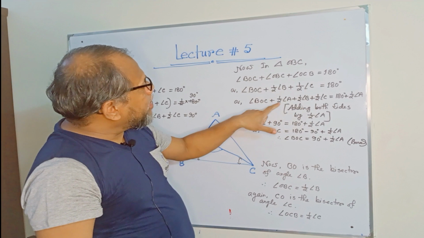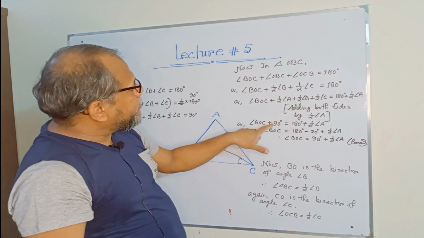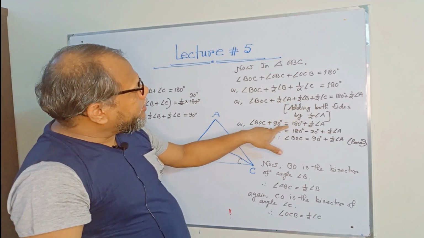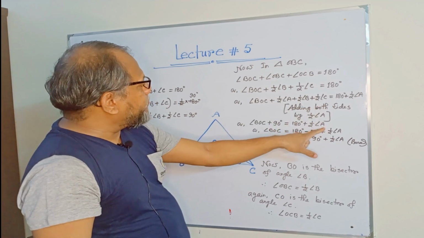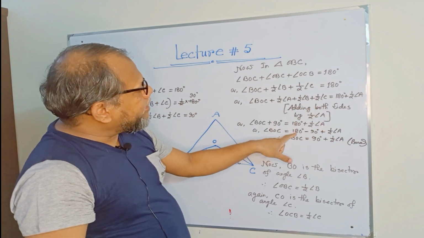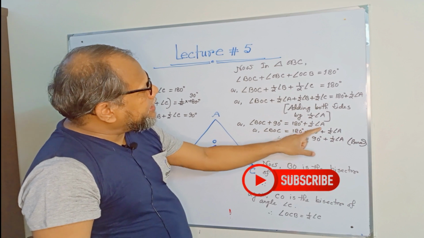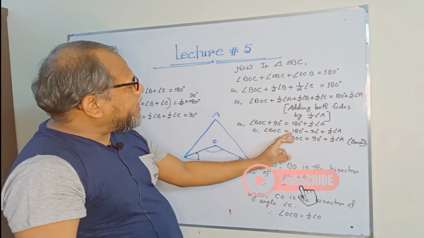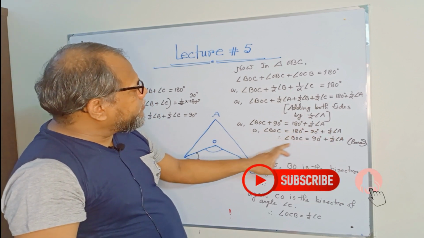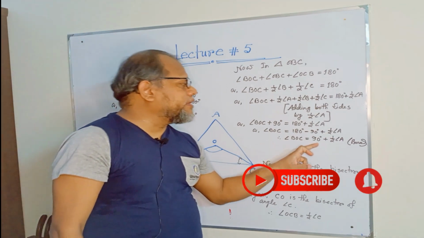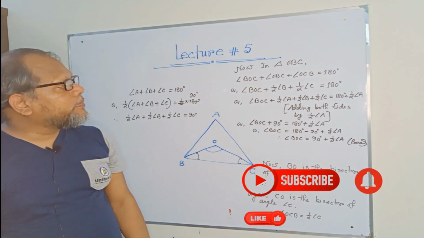So I put down 90 degree equal to 180 degree plus half of A, or BOC is equal to 180 degree minus 90 degree plus half A. 180 degree minus 90 degree is equal to 90 degree. So BOC is equal to 90 degree plus half of A.